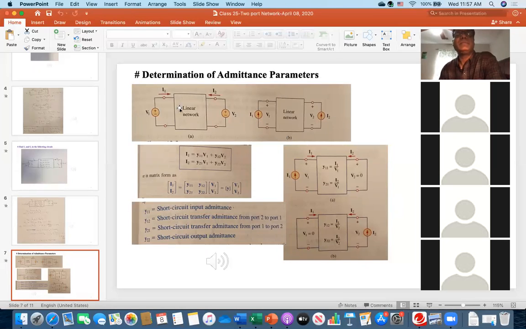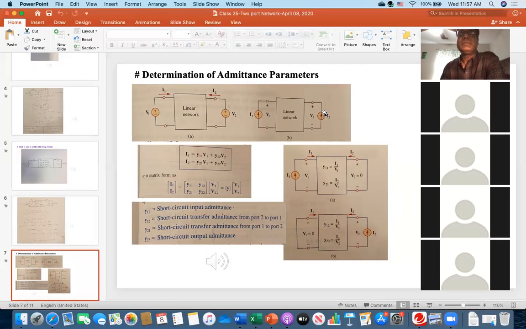So keep in mind, we consider the left side figure with voltage sources V1, V2 to determine impedance parameters. Now to calculate admittance parameters, you have to consider the current source. So that's why in this two-port network, there is current source I1, corresponding voltage V1. Right side, there is current source I2, corresponding voltage V2.